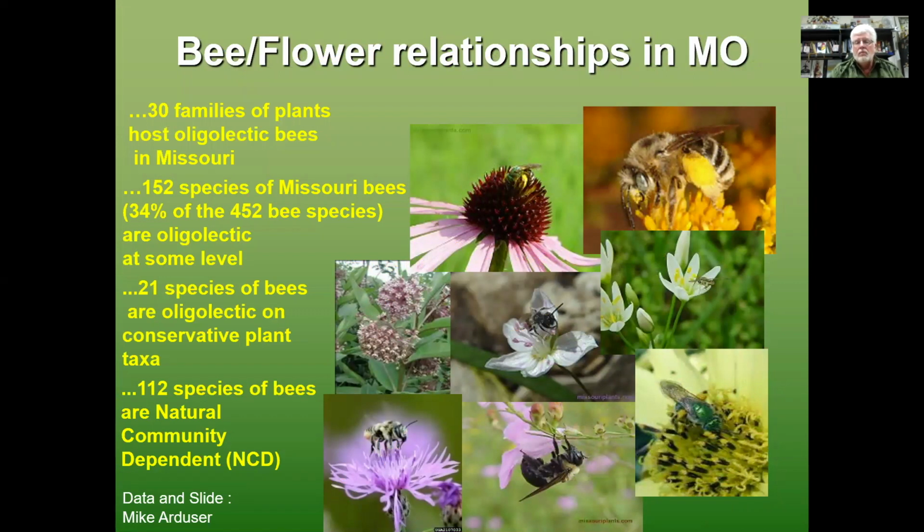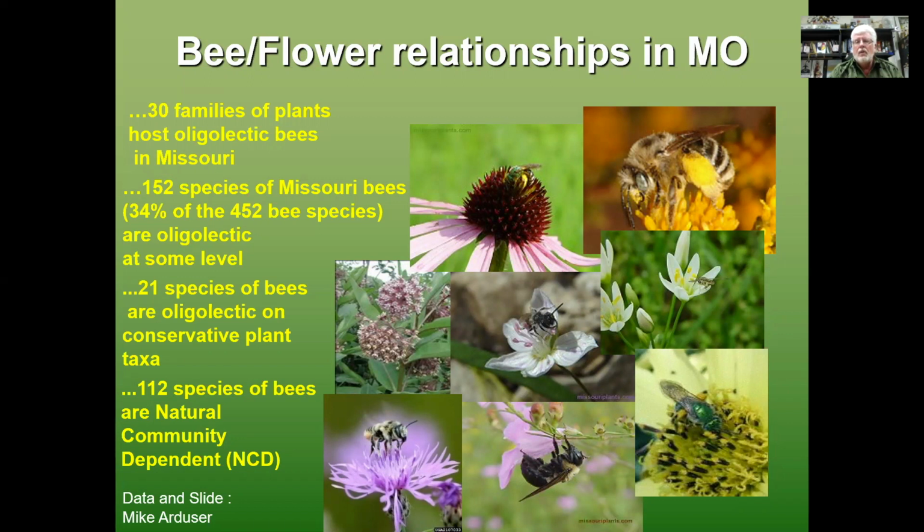Additionally, just as I mentioned with monarchs, where the only food that the caterpillars can feed on are milkweed, we have a lot of other pollinators who are also very specific. This is also work done by Mike Arduzer, formerly Missouri Department of Conservation, and actually probably now needs to be a little bit updated. But here in Missouri alone, we've got 30 families of plants that host oligolectic bees.